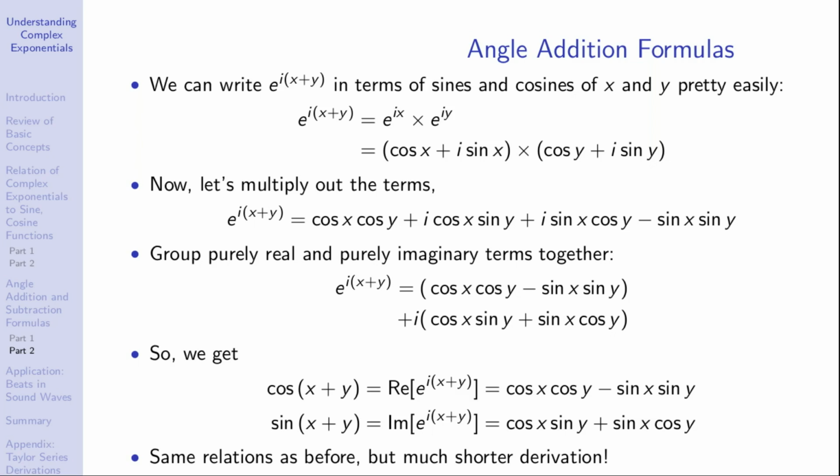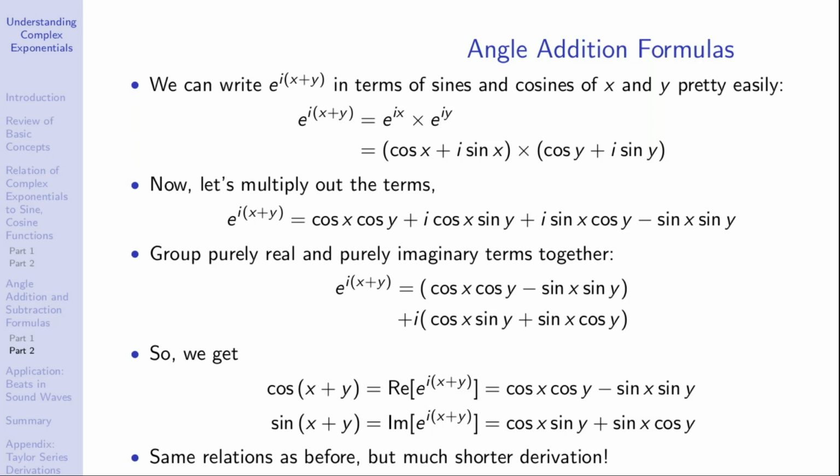Now we can group the purely real and purely imaginary terms together. And so we get that e to the i(x plus y) is equal to the cosine of x cosine of y minus sine of x sine of y plus i times the cosine of x sine of y plus sine of x cosine of y.